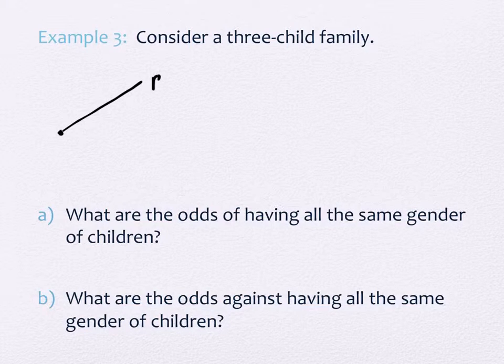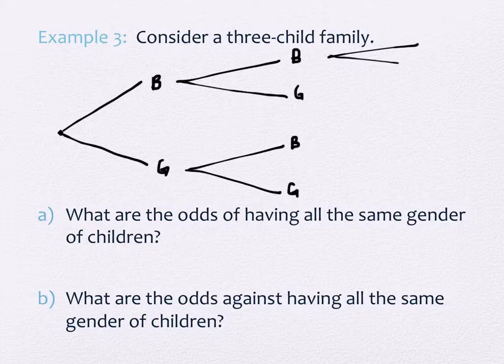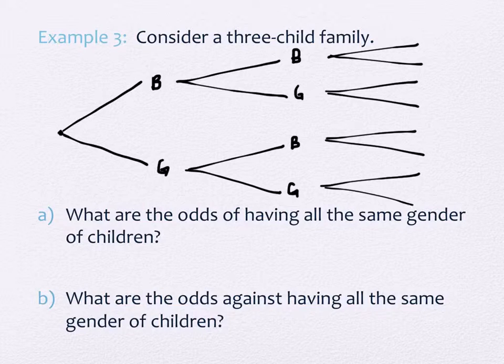It's boy or girl. So this is child number 1, boy, girl. And then I have 2 branches off of each of those because I have a second child. Options, boy or girl. And then I have 1 more set off of here. I think I have just barely enough room for my boys and girls.